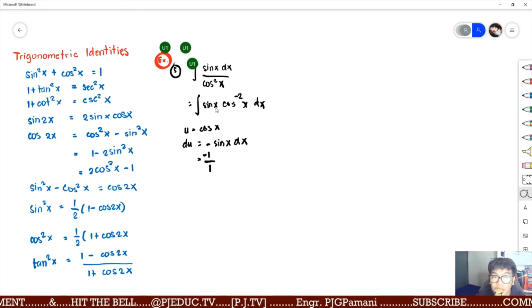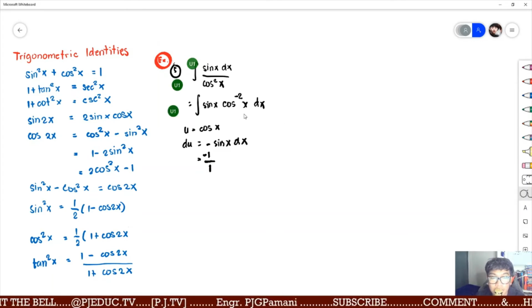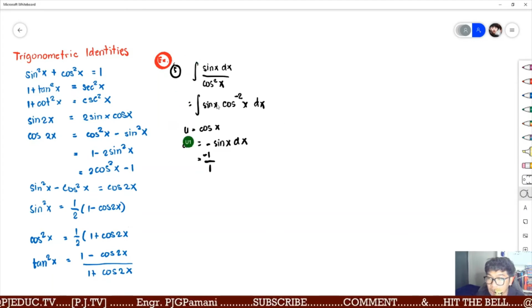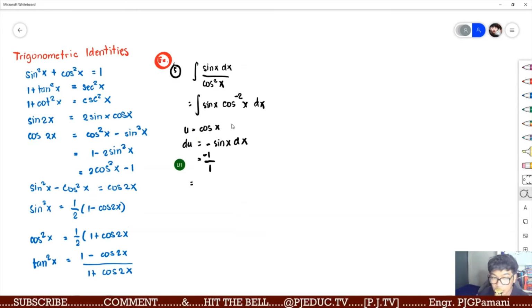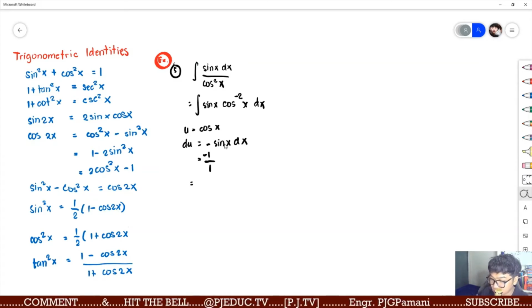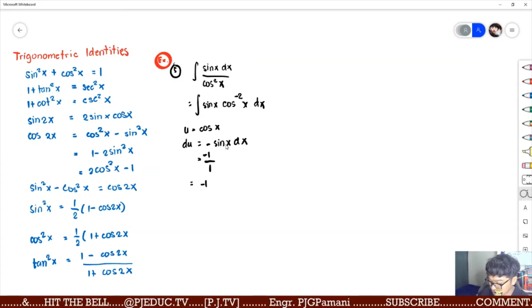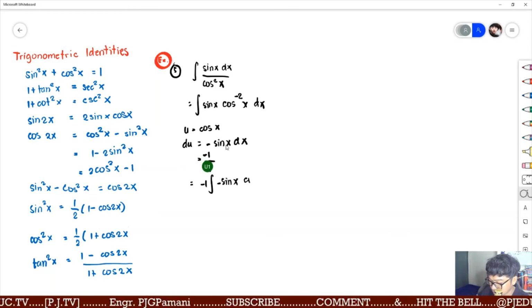Meron tayong sine x dx dito sa ating integrand. So basically, matatanggal lang yung sine x, then magiging negative 1 times negative sine x of cosine negative 2x dx.